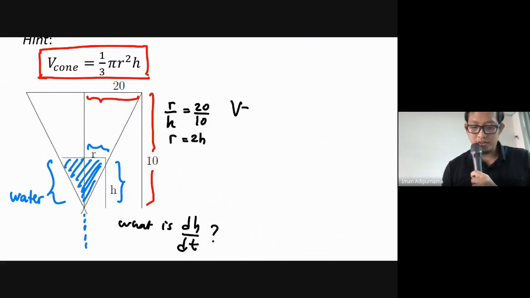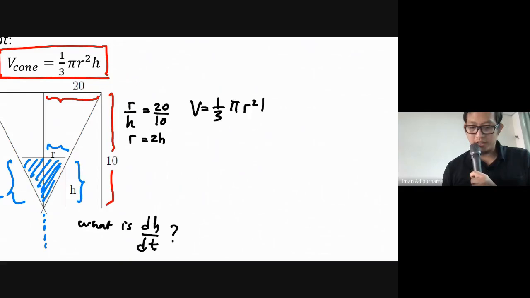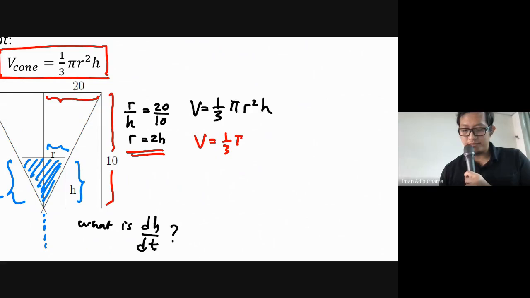We have volume is 1 over 3 pi R squared H, right? Because we have R is 2H, let's remove this R. So all the terms will be H. Then we have volume is 4H squared, and it becomes H cubed. Okay.